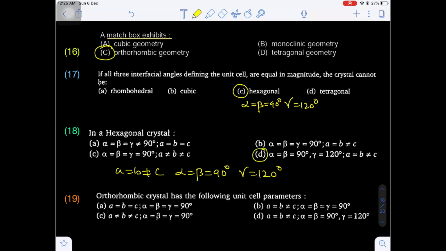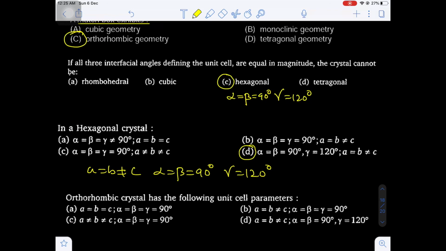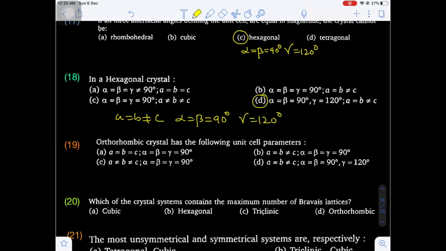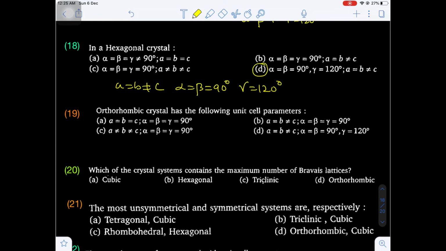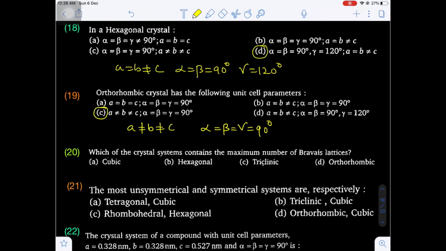Now question number 19, orthorhombic crystal with the following unit parameters. Orthorhombic system, I told you matchbox system, a not equal to b not equal to c, but alpha, beta, gamma values equal to 90 degrees. Option C.